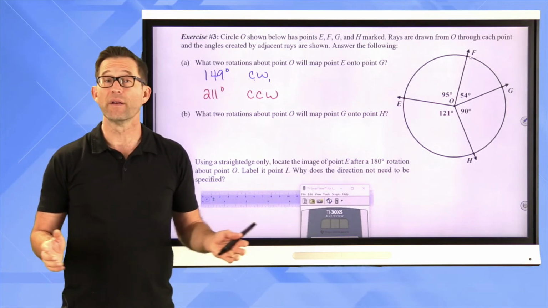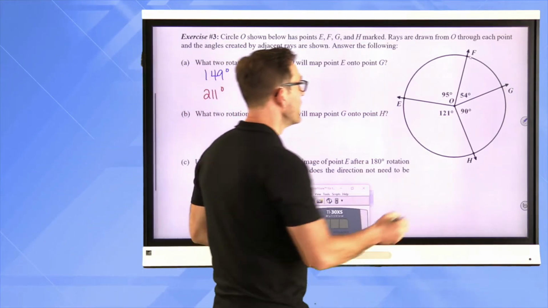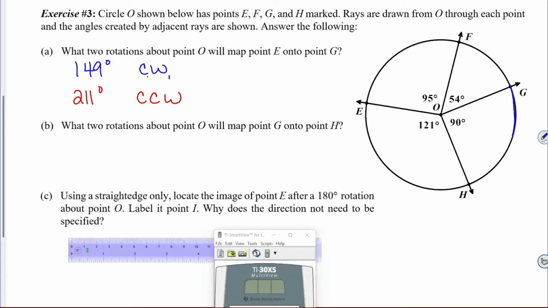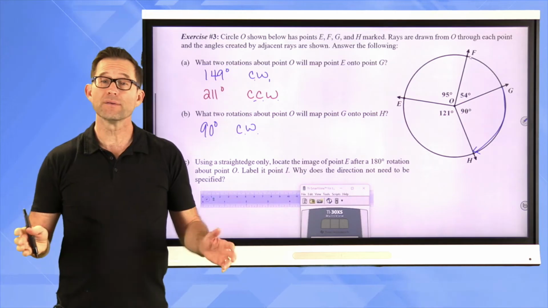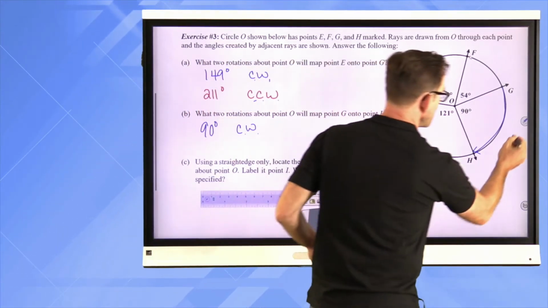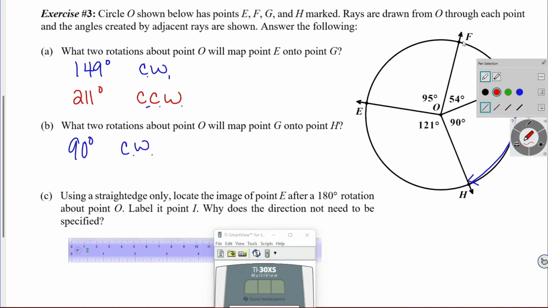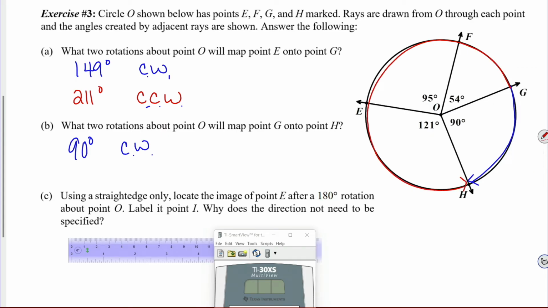Well, the easiest one is the clockwise rotation, right? So my rotation clockwise, I don't have to do any adding whatsoever. That is going to be a 90-degree rotation clockwise. Simple enough. Now, I can also do a counterclockwise rotation. That will go like that.